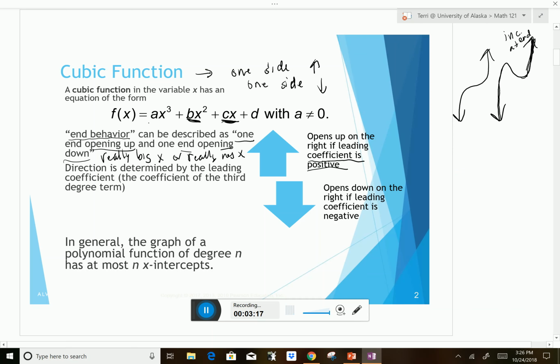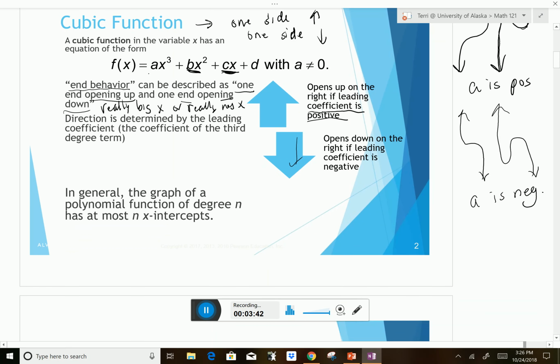That is if the leading coefficient is positive, A is positive. But when A is negative, we're going down on the right side, so it might look like this, like negative x cubed, or we might have some other things that happen in there. This is when A is negative.